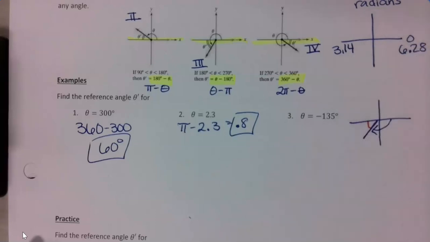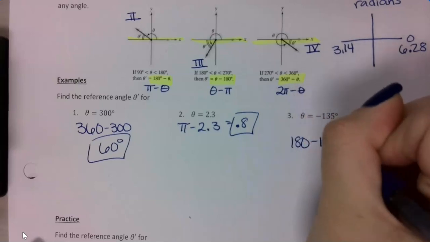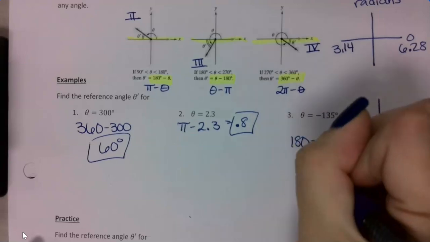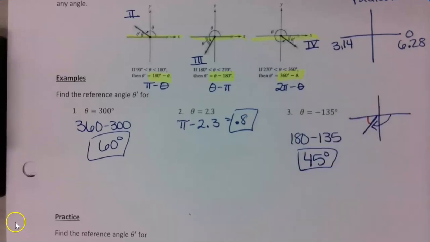So the way I can do this is I can take 180 and subtract the 135. So 180 minus 135 is 25. Questions here?